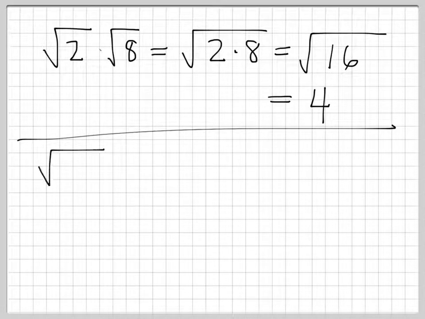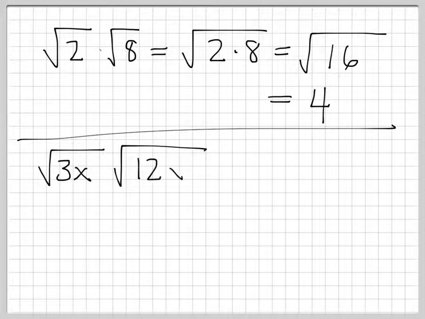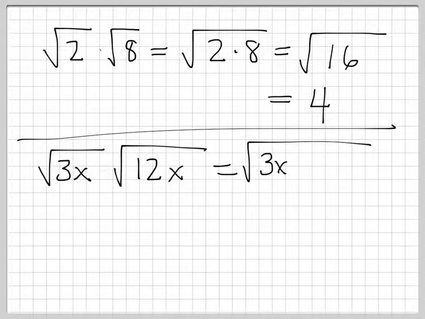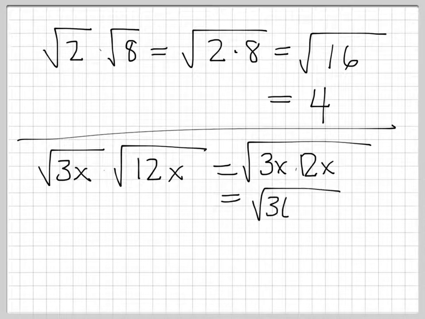If I take radical 3x times radical 12x, well then what I get is radical 3x times 12x, and 3 times 12 is 36. x times x is x squared.